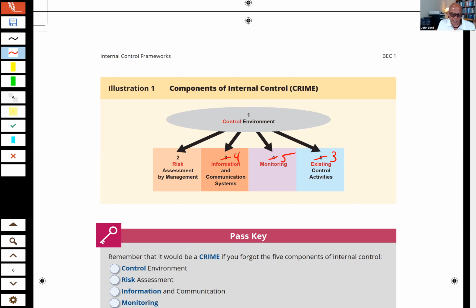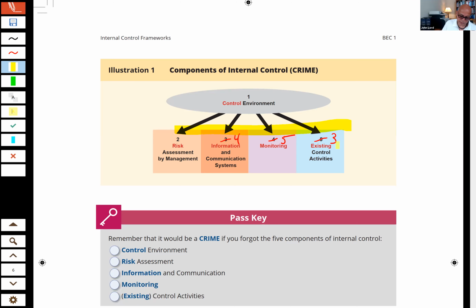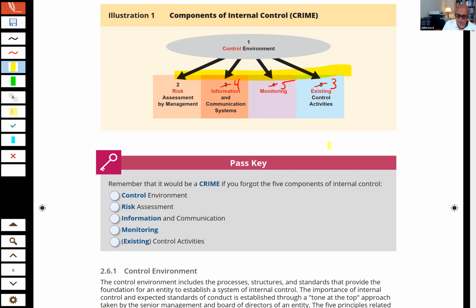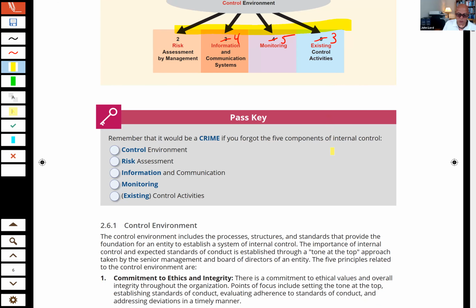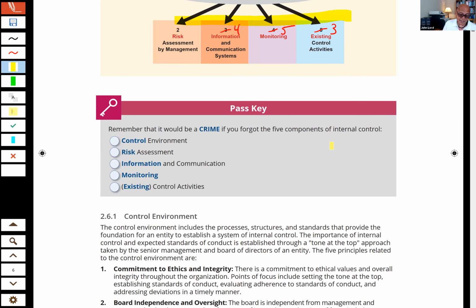Control environment is number 1, and the control environment touches all the other components of internal control. It sits at the top, it sets the tone, it's arguably the most important piece, and probably an area where you'll see more questions than some of the other areas.